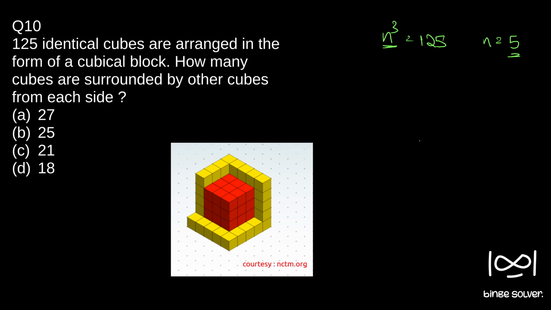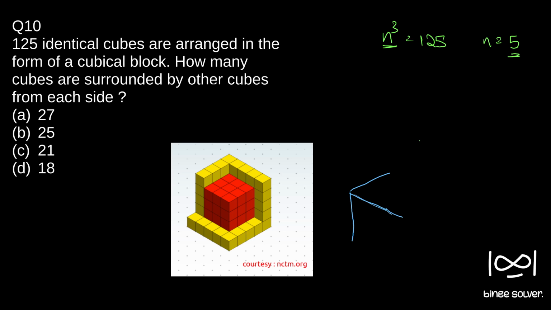Once we find n equal to 5, what we want is the length, breadth and height of the inner cube.